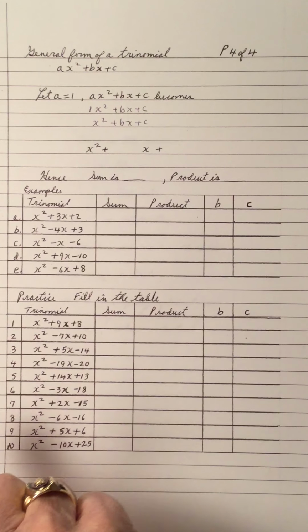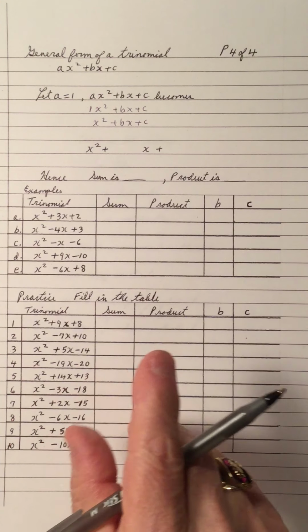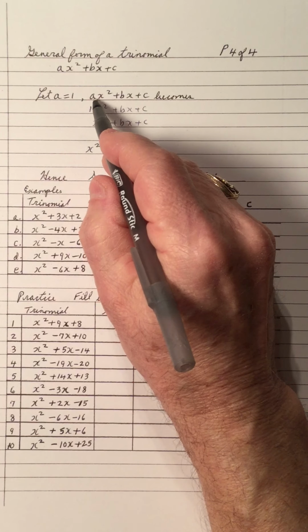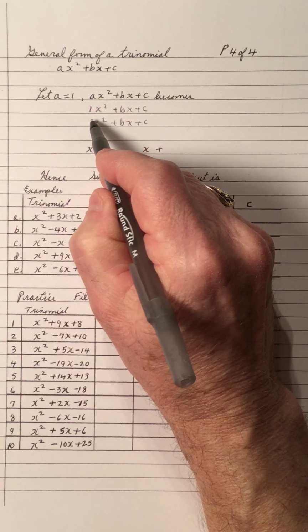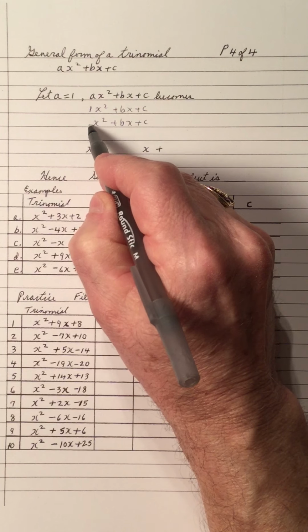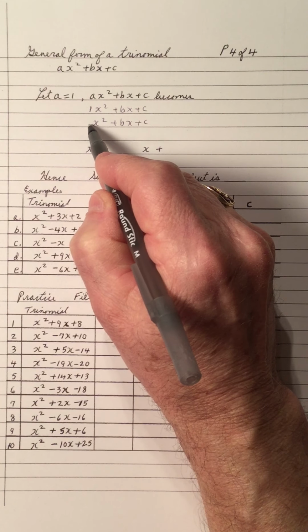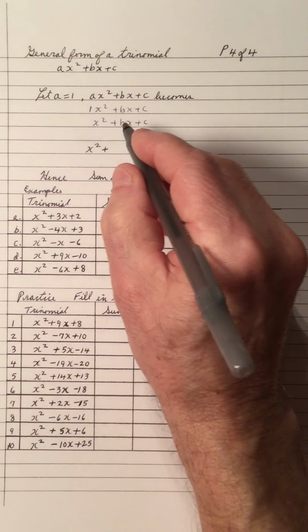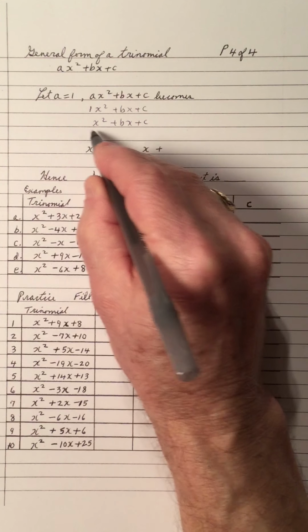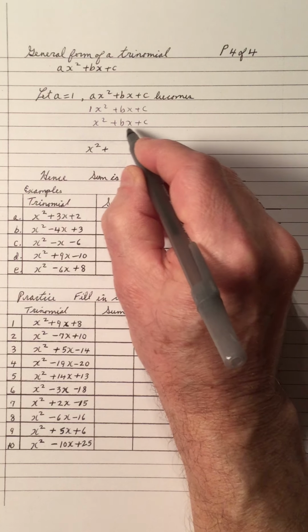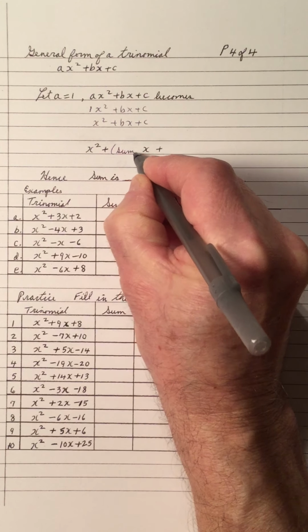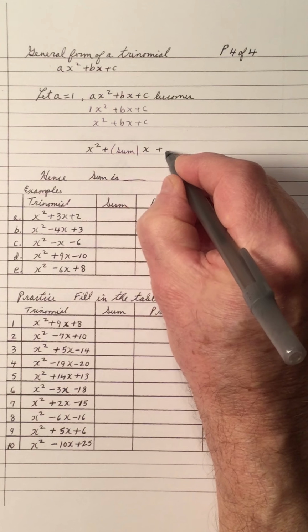In the next factoring series of videos, the a won't be 1. But right now, this leading coefficient will be a 1 all the time for this set of videos. That means that if you look at this x squared plus bx plus c, b is the sum, and c is the product.